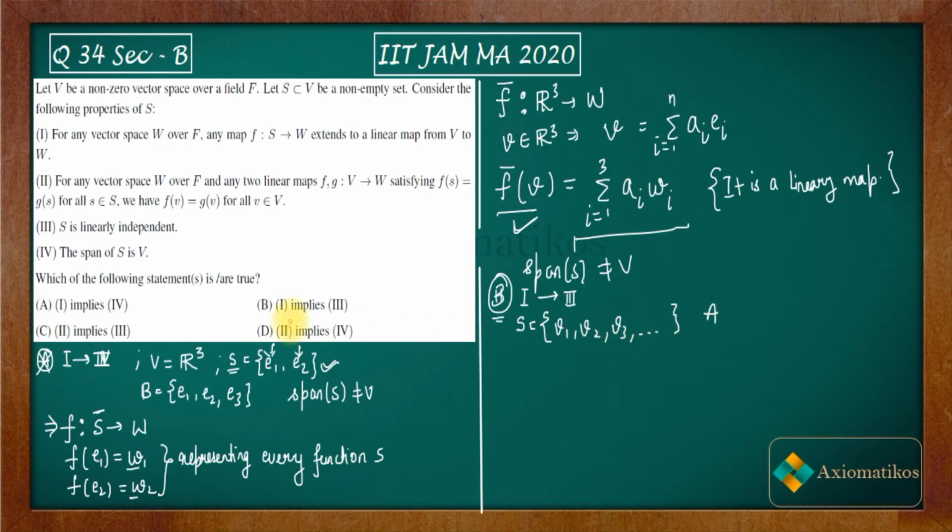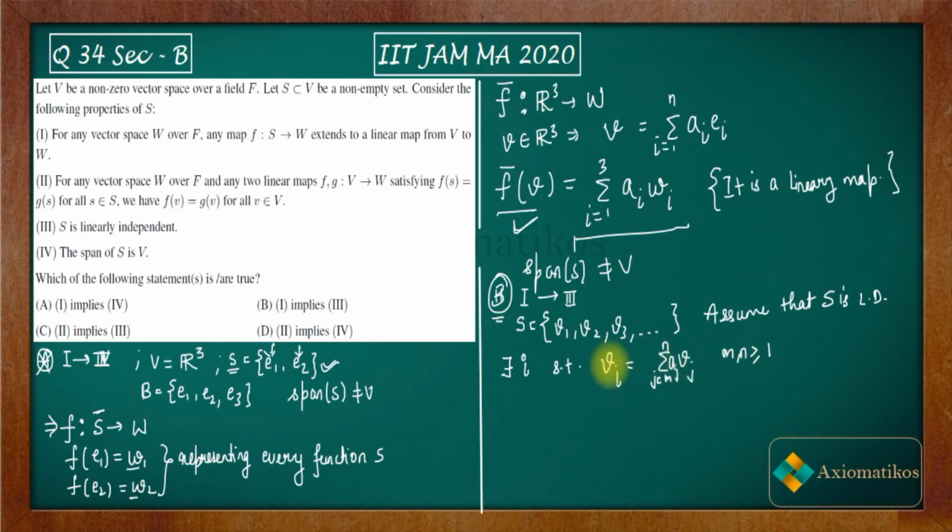Because in the third option you have to check whether it is linearly independent or not, I want you to assume that S is LD. Suppose S is LD, then according to the definition of LD, there exists i such that this Vi can be written as the sum of Aj Vj, where j moves from m to n, and m and n are greater than or equal to 1.